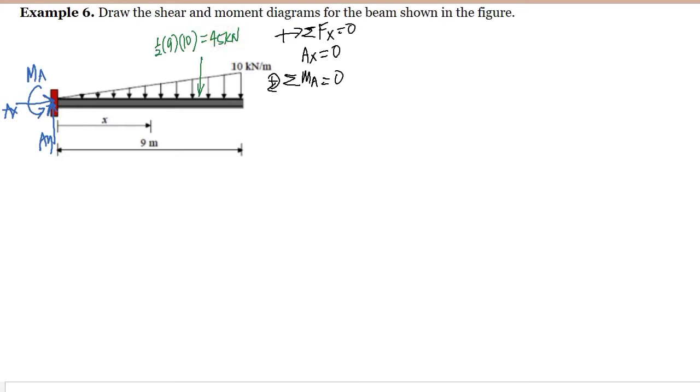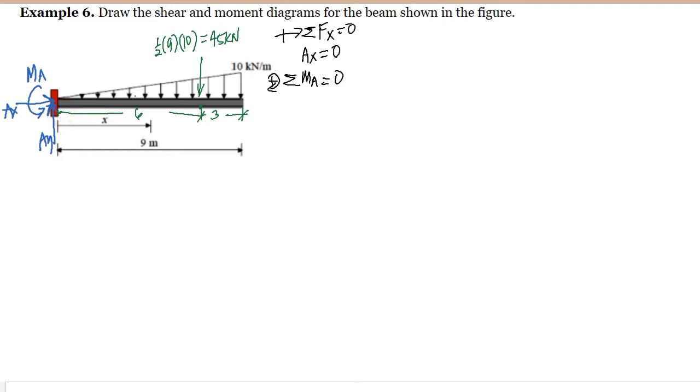This 45 kilonewton can be found at 1/3 from the 90-degree side, and we have 2/3 on the other side. So meaning in here we have 1/3 of 9, so that is equal to 3, and the 2/3 of 9, and this is equal to 6. And this is the location of the resultant of our load.